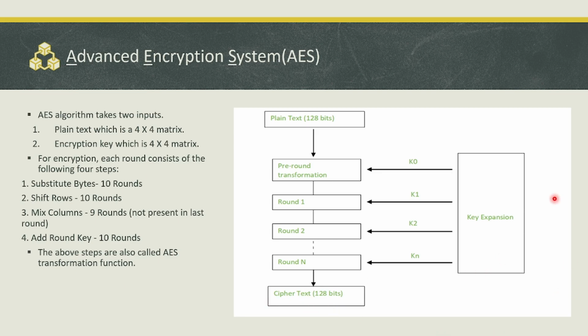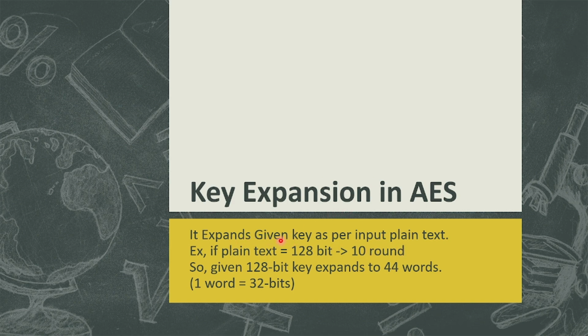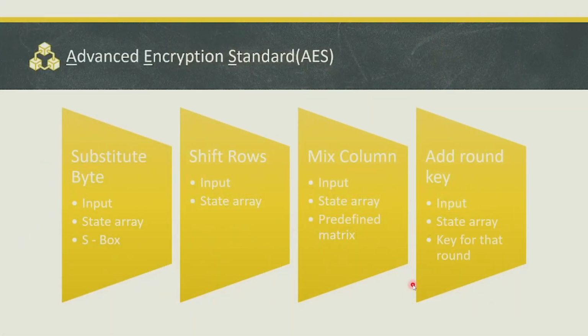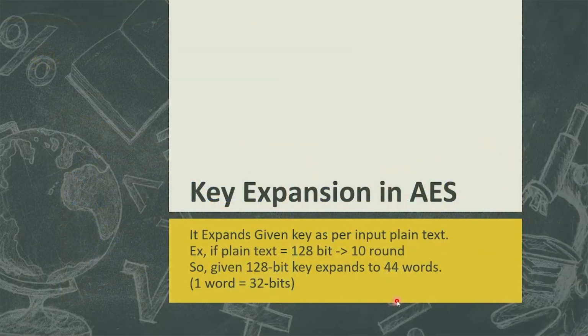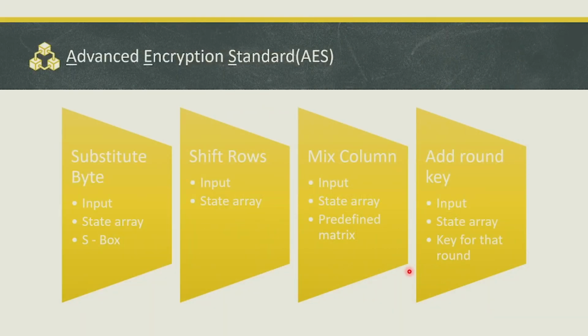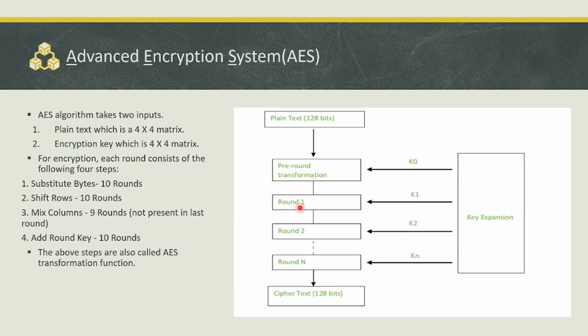First of all, we have to understand how to expand our key. Assume that we have a 128 bit key, so it will perform 10 rounds and we will need a total of 44 words. So we have to expand our 4 words into 44 words, and how will we do that, and why 44 words?